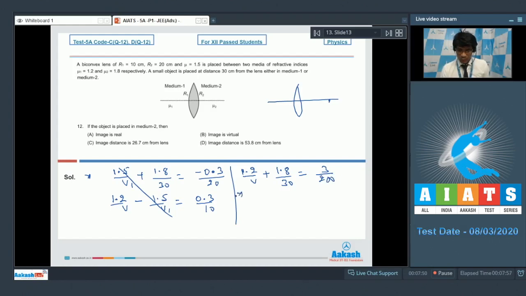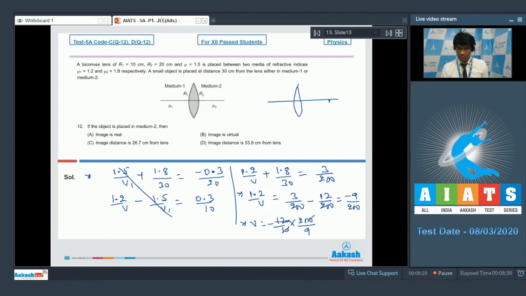On calculation, we'll be getting 1.2 divided by V would be equal to 3 by 200 and here it is 12 by 200. That means it is minus 9 by 200. So V, it is coming out to be 12 by 10 into 200 divided by 9 with negative sign.